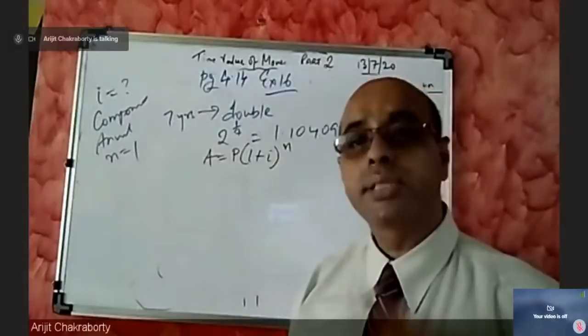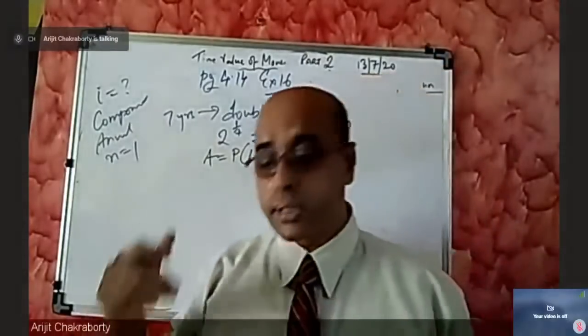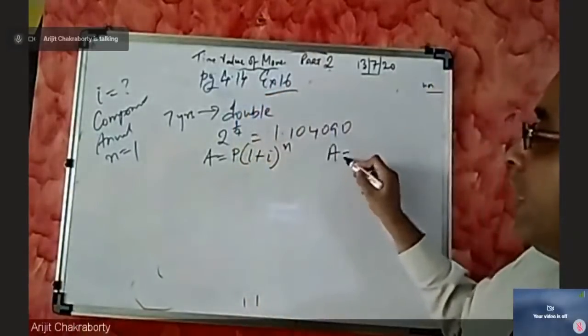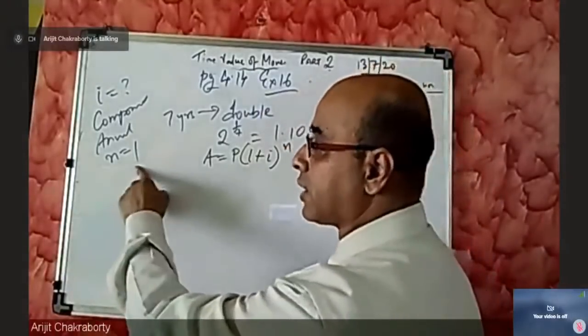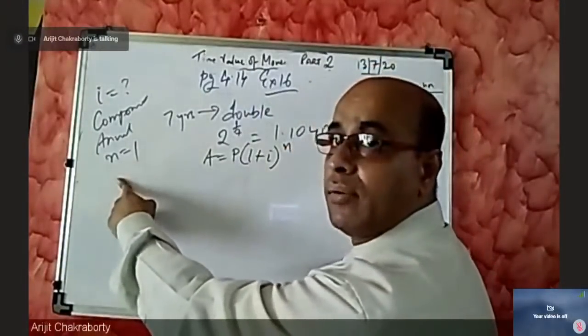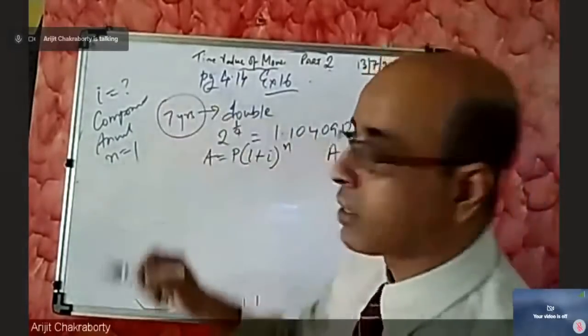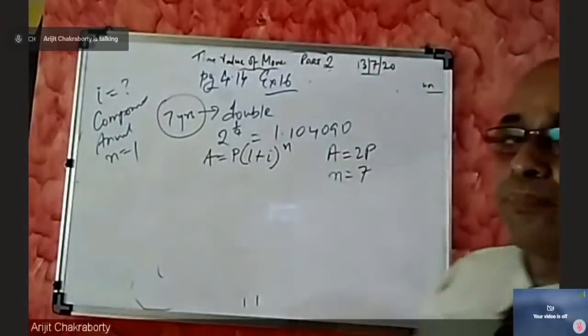Right? So since the money is doubled, we can write A equal to 2P, right? Initially we saw that compounding is done once a year, but since the money is doubled in 7 years, here n becomes 7.